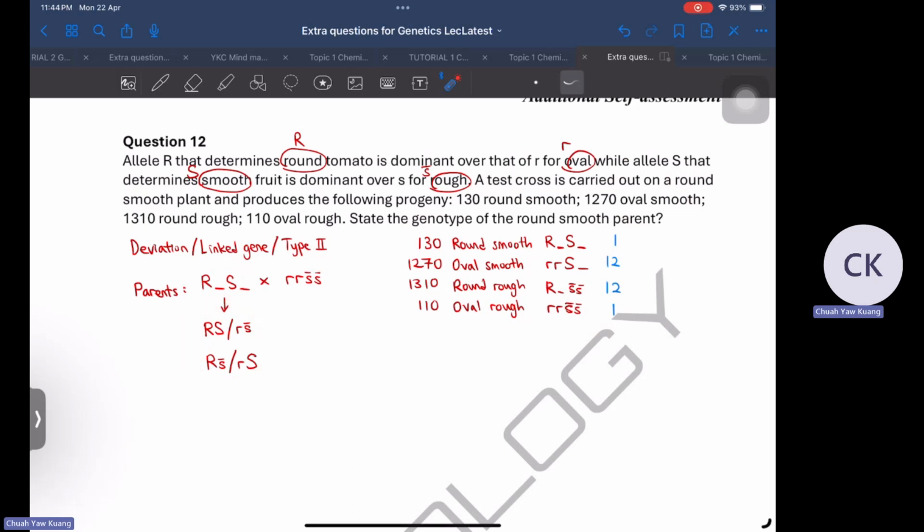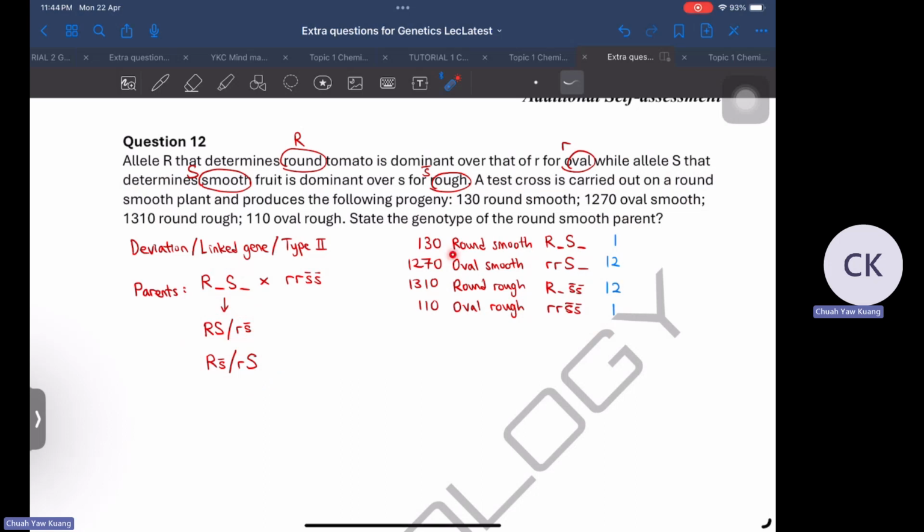Second, this heterozygous genotype should be like this or the second one. We are not sure which one, right? Here's another hint that can help you predict.